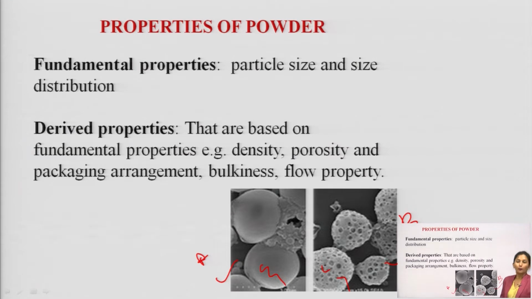Porous particle means the particle has an intraparticle space, that is, space within the particle. The first one is the non-porous particle and the second one is the porous particle. So the porosity of the particle will also play a role in the flow behavior of the powder particles.